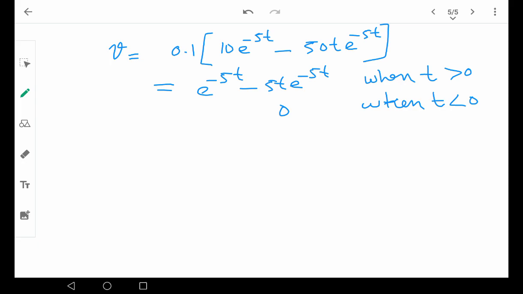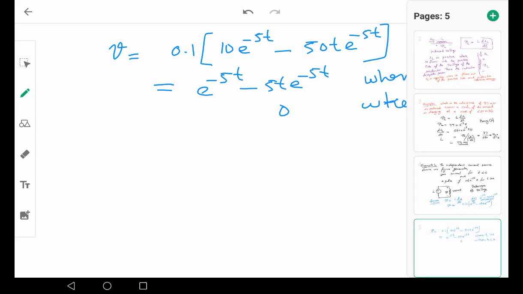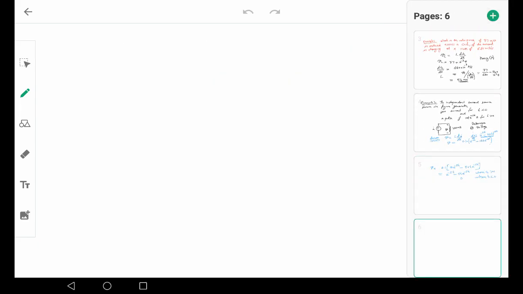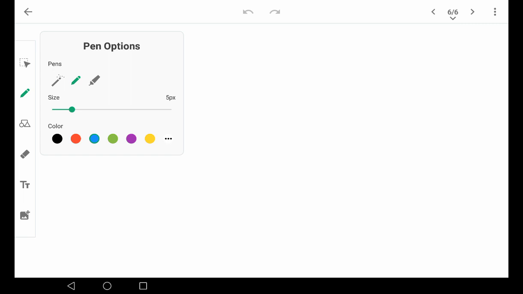Now we will see some more relations. We have the equation VL equal to L diL by dt, isn't it?